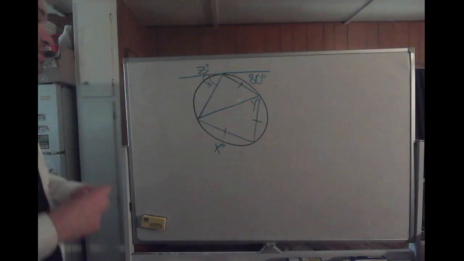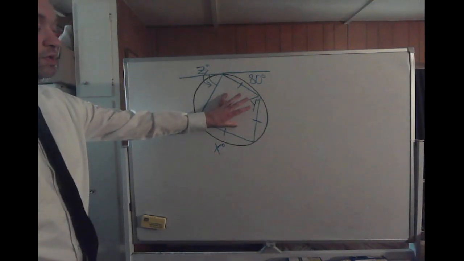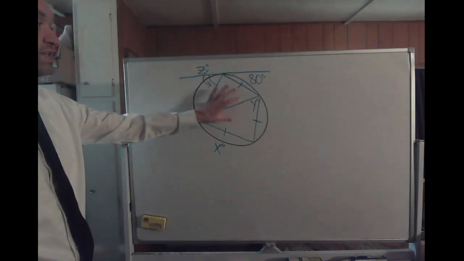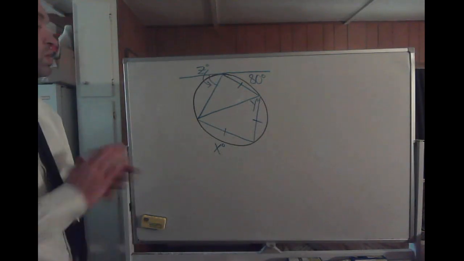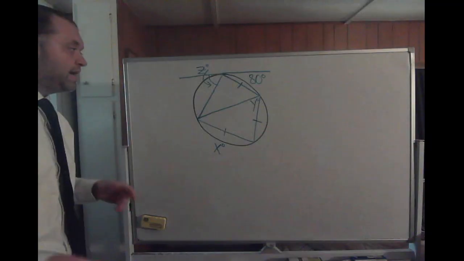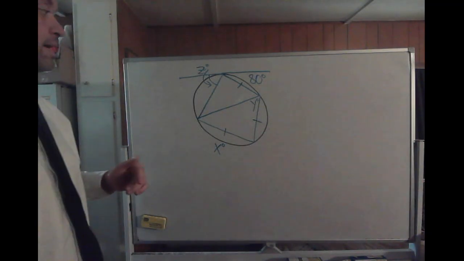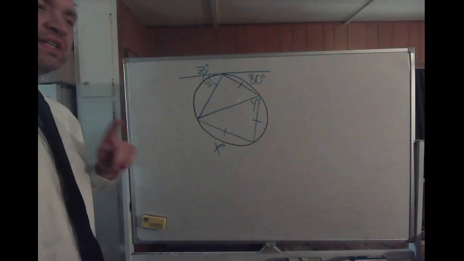Alright, so we have another quadrilateral split into two triangles inscribed in a circle with a tangent line. So what we have to know here, in this case, the quadrilateral rule doesn't as much apply.